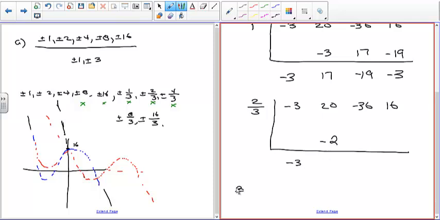See, these cancel out. You get negative 2. Add these two together, you get 18. 2/3 of 18 is 12. Add these two together, you get negative 24. 2/3 of negative 24, negative 16, and you get 0. So that's one of them.